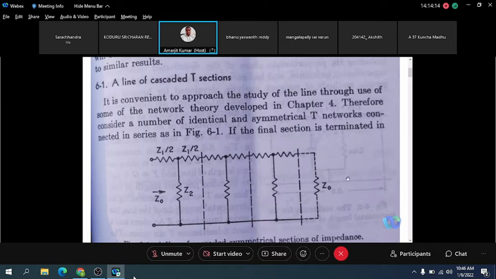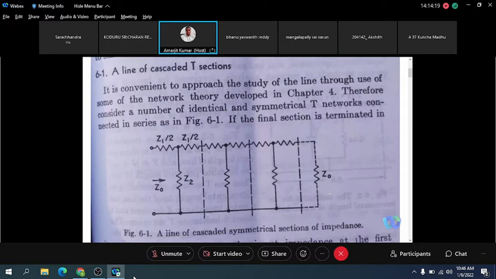And if this network is terminated in Z0, what will be the input impedance here? Yes. So can you tell what will be the input impedance? Z0 only. Yes. The input impedance will be Z0. So why will it be Z0 only? Can you tell why it will be Z0 only?